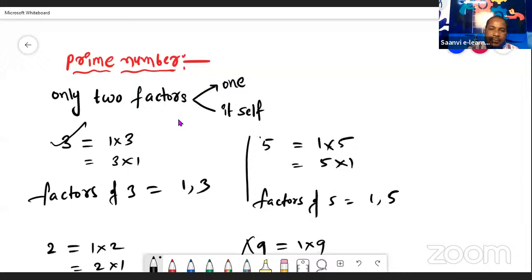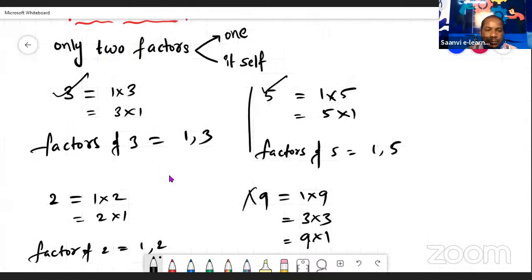The number 5 has factors 1 and itself, so 5 is also a prime number. And this number 2 also has only two factors, that is 1 and 2, so 2 is a prime number.